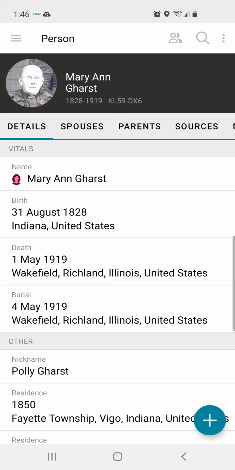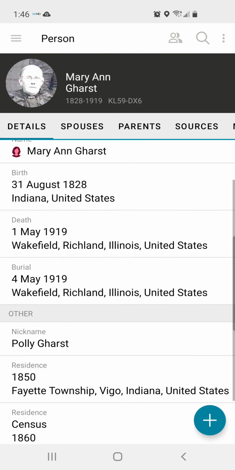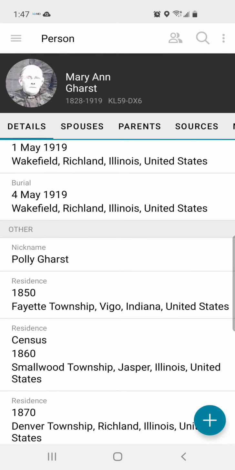So I just wanted to show you really quickly that it's very easy to do this properly. If you're in FamilySearch and you look under Other, and you look at the residences, it should line up. She lived to 1919, so there should be evidence of attached records for her birth, if possible.